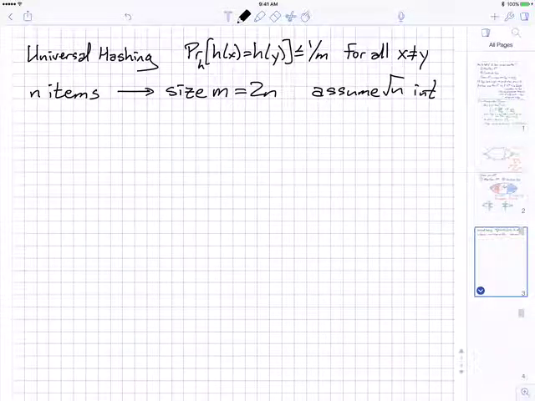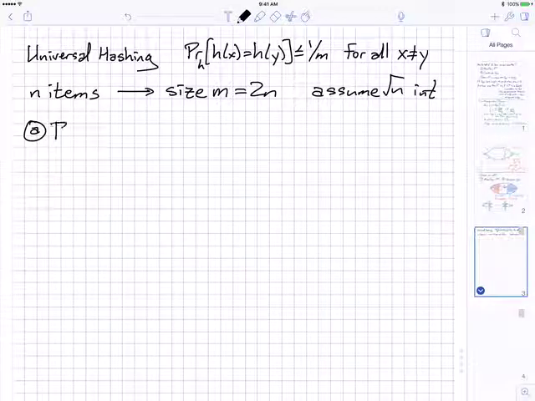This is for all different items x and y in the universe. The only randomness has to do with the hash function. So the problem says, suppose I have a set of n items that I want to hash into a table of size m, which is equal to 2n, and assume, because I'm going to be using square roots in the problem, that the square root of n is an integer.